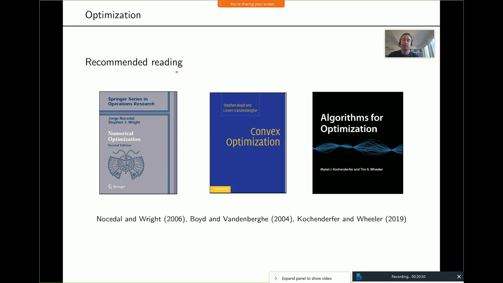You often need to minimize things, so it's its own field, and it also feeds heavily into machine learning. In any case, there are books about it. Read the books. The nice thing about optimization, I find, is that it's relatively straightforward. The problem is very well defined. You want to minimize a function. It doesn't get much more complex, unless you talk about constrained optimization, then it gets a little bit more complex. And you basically change the parameters of this function to find the minimum.